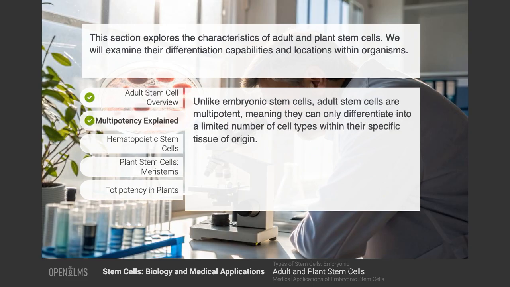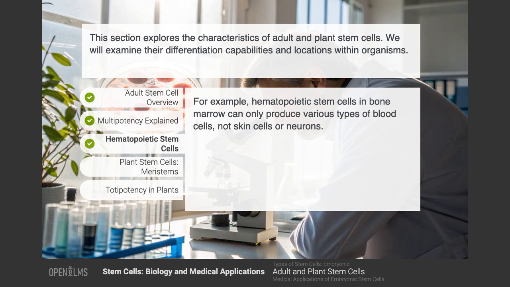Unlike embryonic stem cells, adult stem cells are multipotent, meaning they can only differentiate into a limited number of cell types within their specific tissue of origin. For example, hematopoietic stem cells in bone marrow can only produce various types of blood cells, not skin cells or neurons.